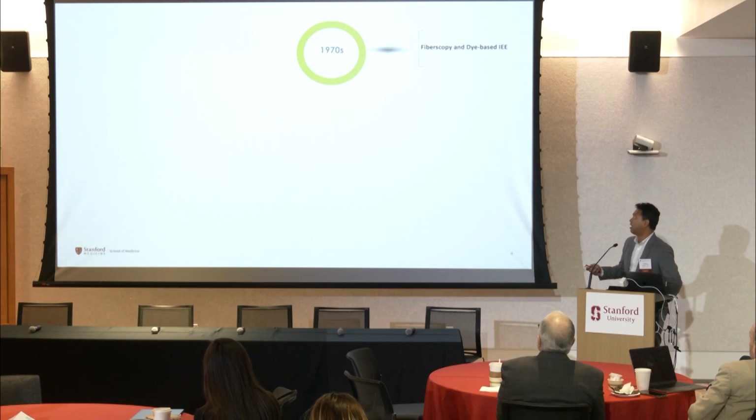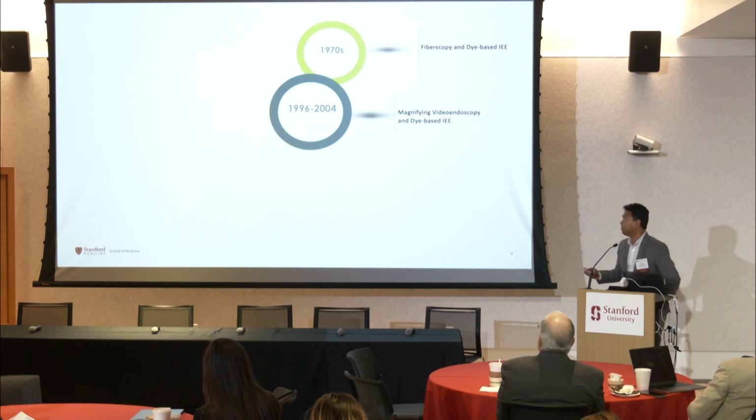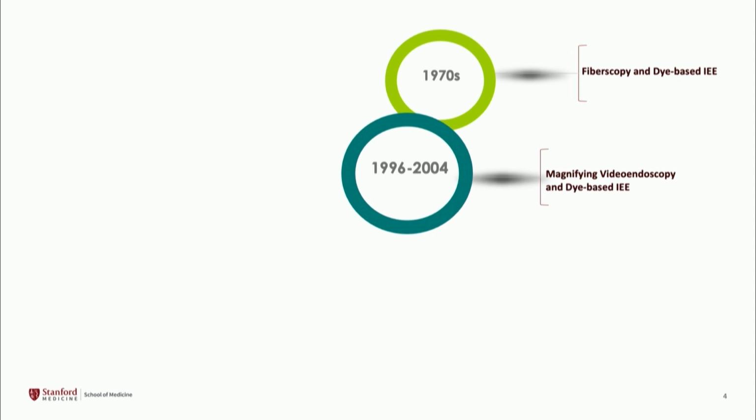If you look at the history of how this has evolved, in the 1970s, it was the era of the fiber optic endoscopes, and we started using dye-based image enhancement during that period. And there was an improvement in the late 1990s and early 2000s, where magnifying video endoscopes came into being, and again, dye-based endoscopy, chromoendoscopy, was used along with it.